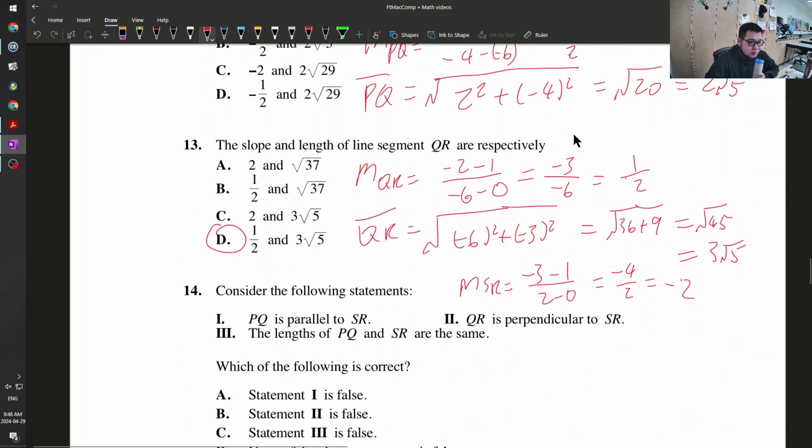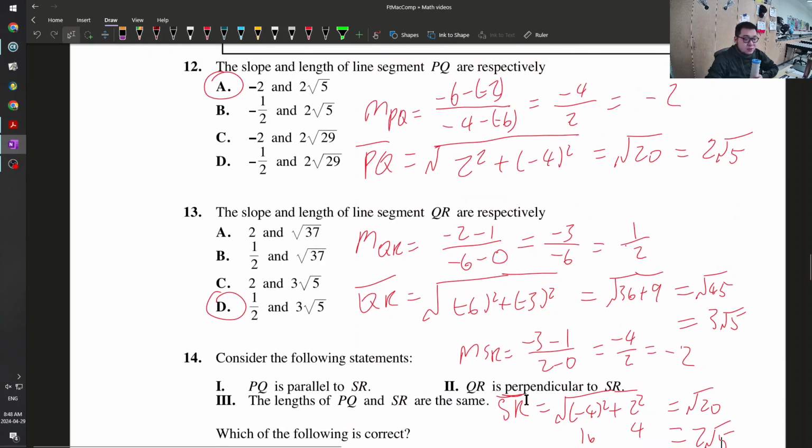Okay, now the length of SR. Again, we're going to use a shortcut. Negative 4 squared plus 2 squared is 16 plus 4, root 20, which is 2 root 5.